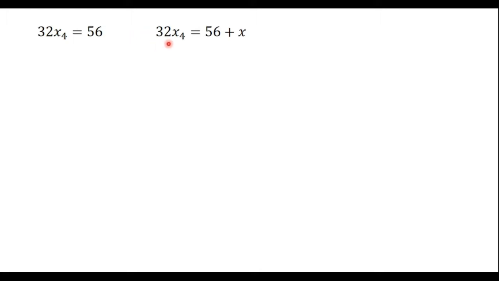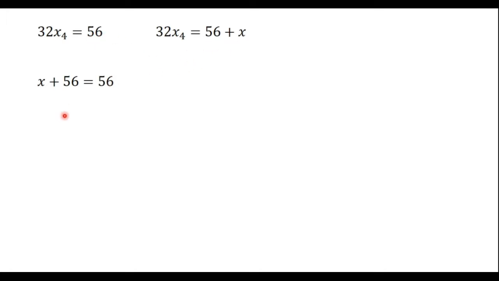So 32x base 4 is 56, and 32x base 4 is also 56 plus x. So we can equate this and that, and say that x plus 56 is equal to 56.